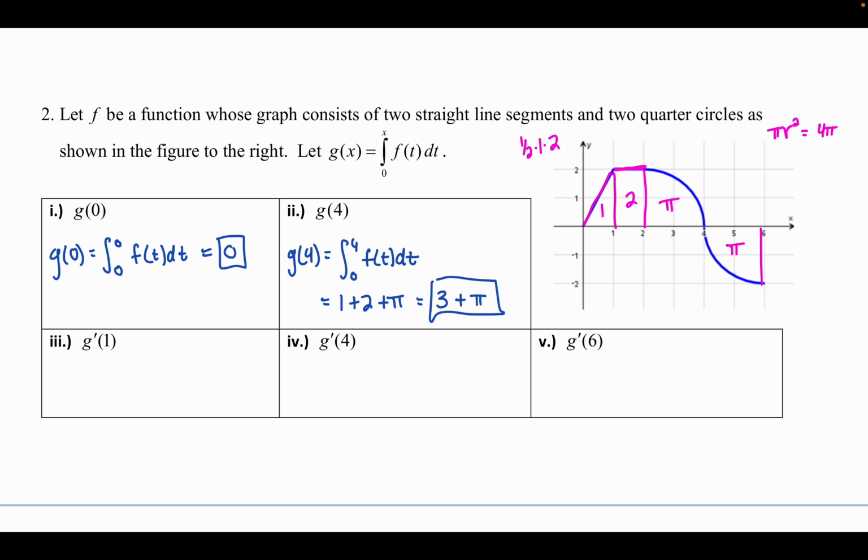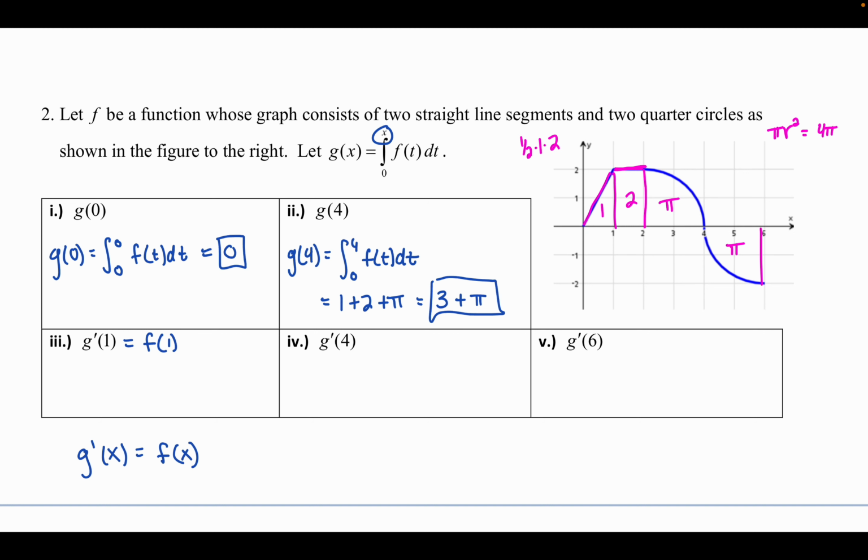So those 1 and 2 were just asking us to use the g function. 3 now asks us to find what is g prime of 1. So let's remember that g prime of x, in this case our upper bound here is just x. So we don't have to use any chain rule, it's just going to be f of x. So g prime of 1 is just going to be f of 1.